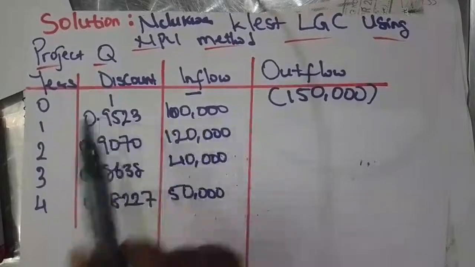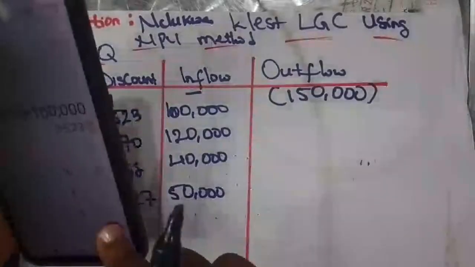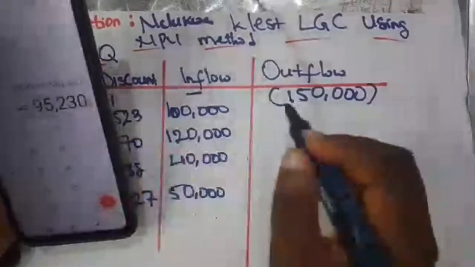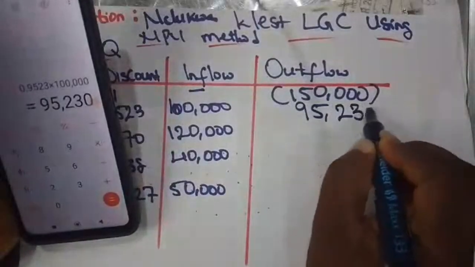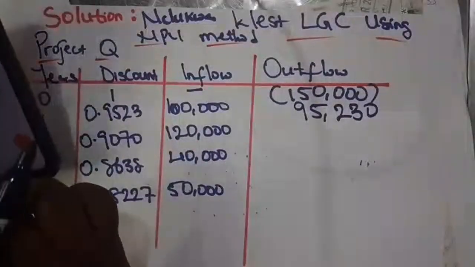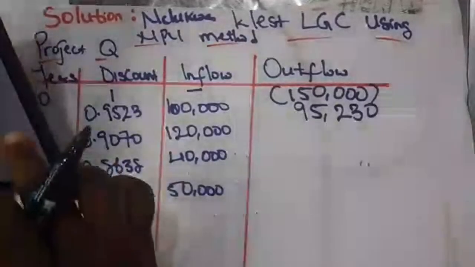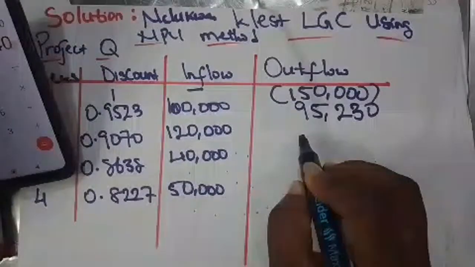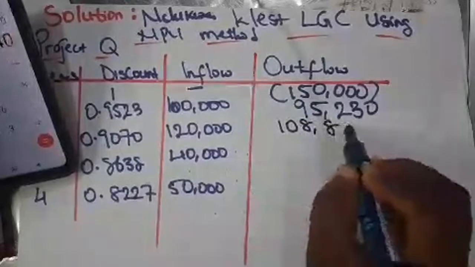All right, 100,000 times 0.9523 gives 95,230. Then 120,000 times 0.9070. That's for year 2, right? 108,840.